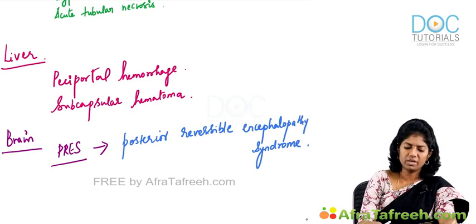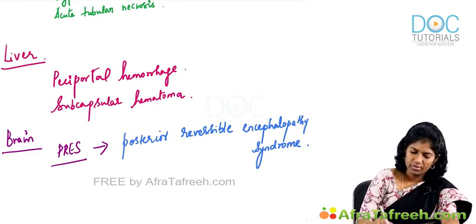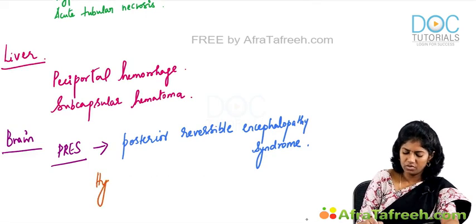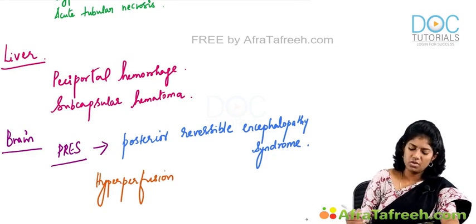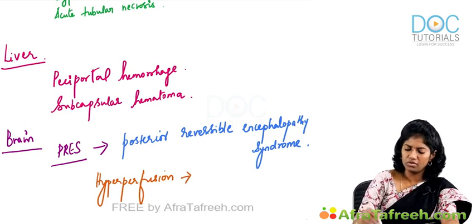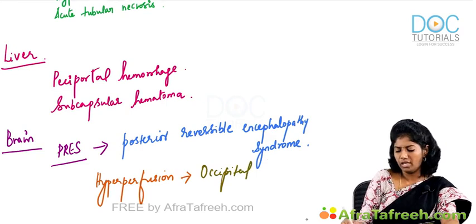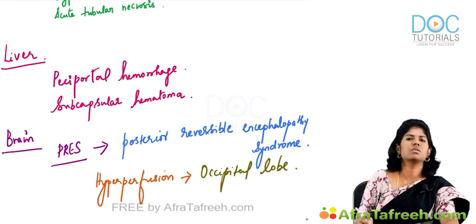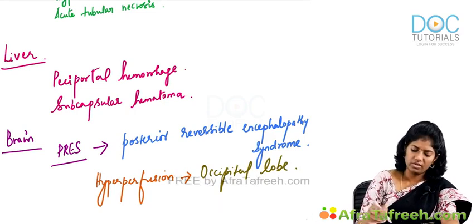What is it due to? PRES is due to sudden hyperperfusion seen in the brain, and most commonly it involves, as I already told you, the occipital lobe. So PRES, posterior reversible encephalopathy syndrome, very important MCQ.